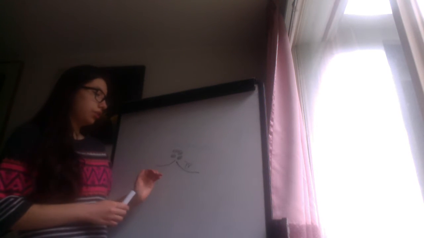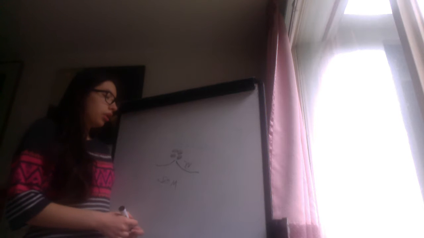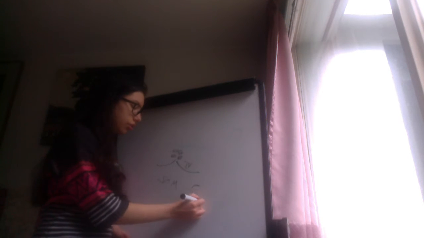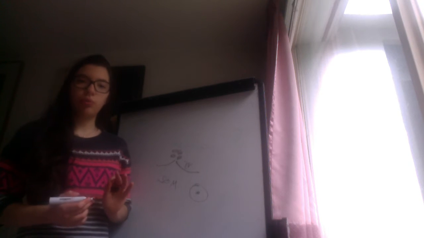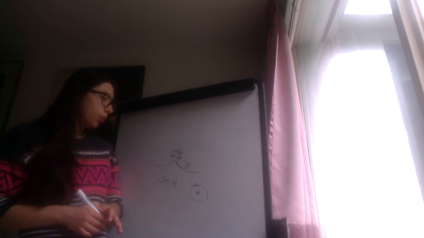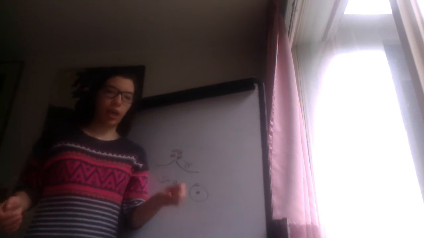Now the action of the fourth cranial nerve is to innervate only the superior oblique muscle of the eye. So this muscle, what it does is, here's the eye, here's the pupil. There are three movements that the superior oblique muscle produces. One is, here is the eye, here is the superior oblique muscle.